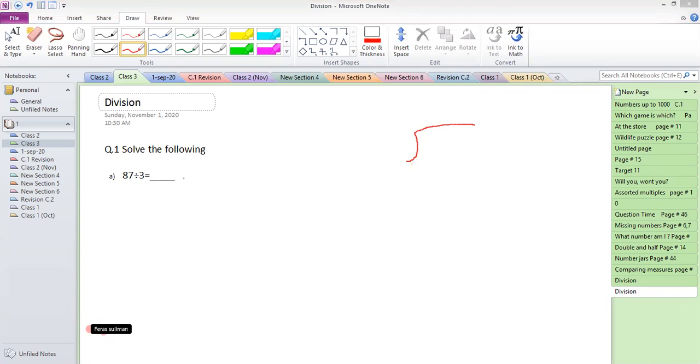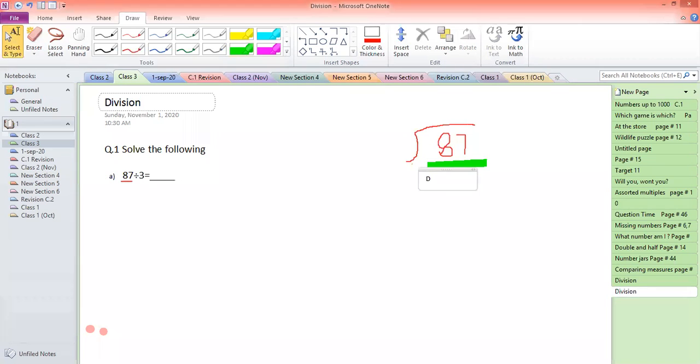This is 87, right? You have to divide 87 by 3. Because 87 has to be divided, you will write 87 here, and this 87 is your dividend.